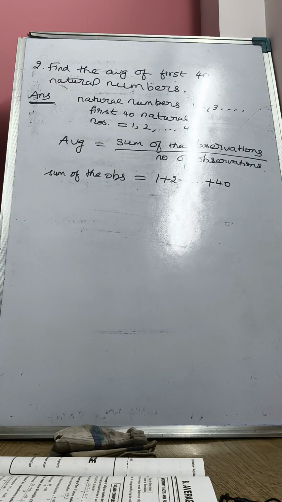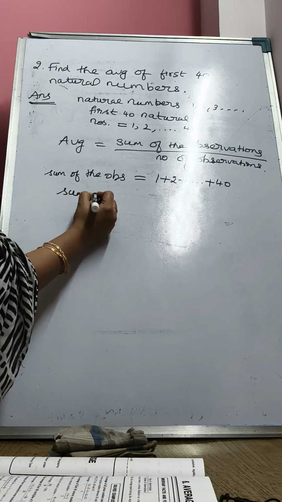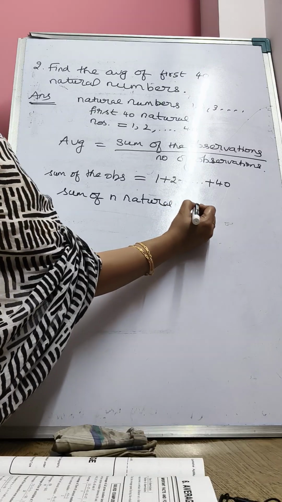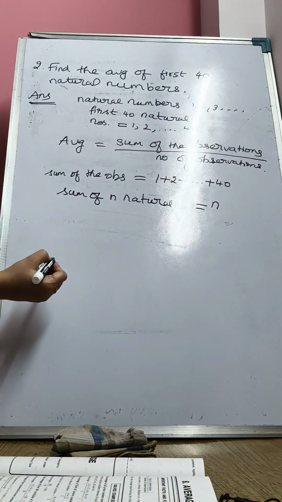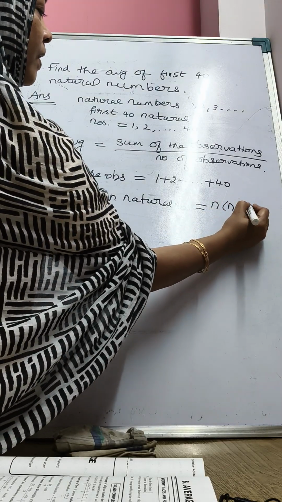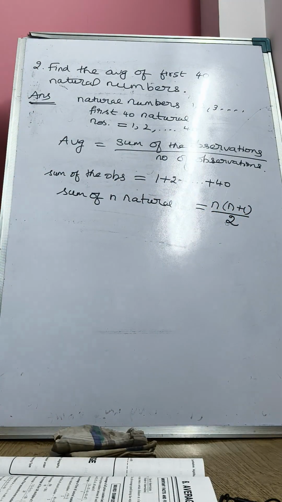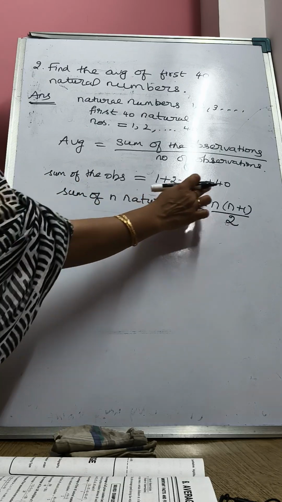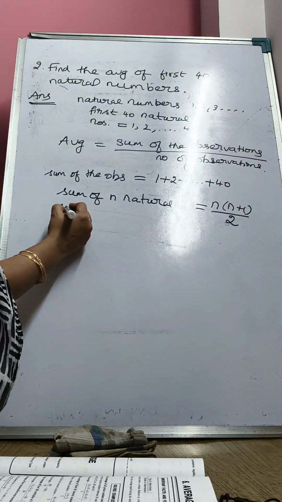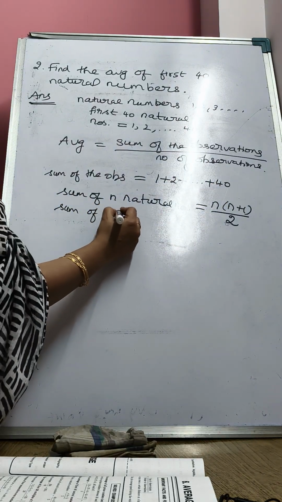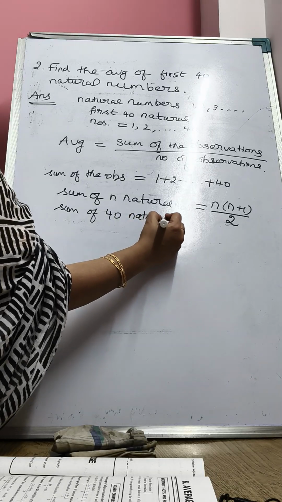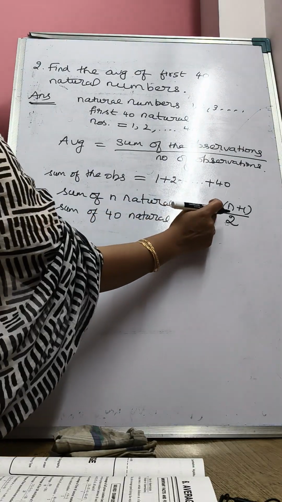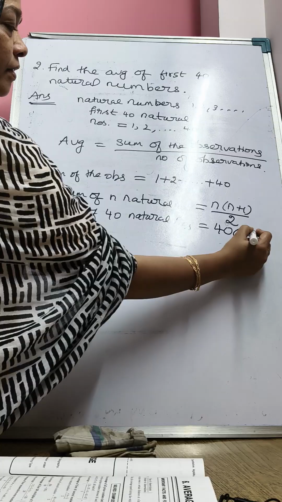The formula is sum of n natural numbers is n into n plus 1 by 2. This is the formula. So now here what is my n? I want the sum of 40 natural numbers. So my n here is 40. So n has been replaced by 40 here, and here also.